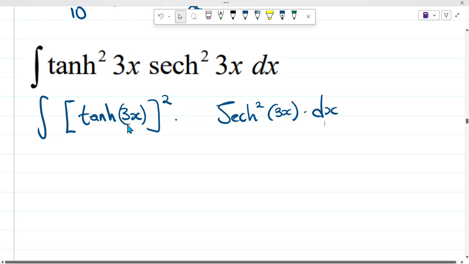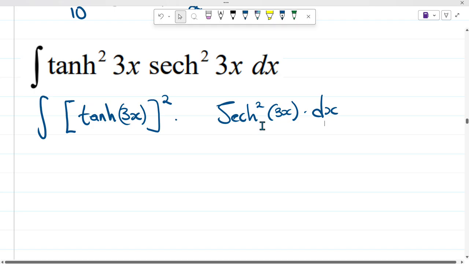So now we are going to analyze it in this way that I've written. So now we're checking. If we make hyperbolic tan of 3x to be f of x, can this thing be f prime of x? Yes. However, it's incomplete because when we differentiate this, we're going to get hyperbolic sec squared of 3x, which we already have.